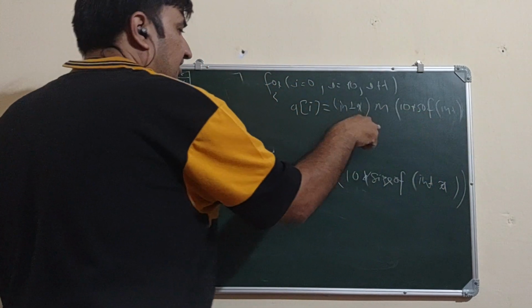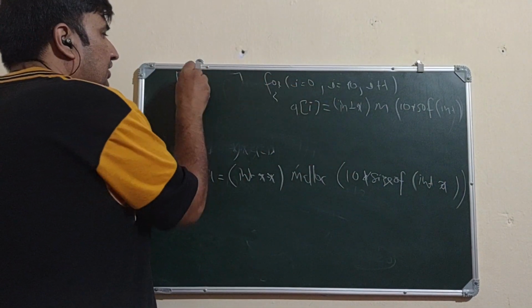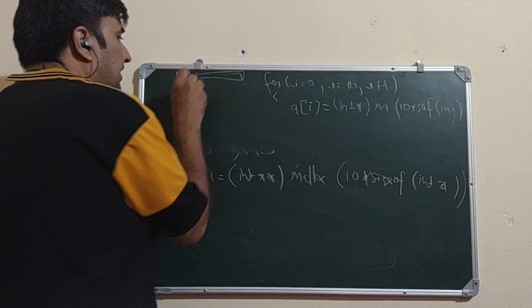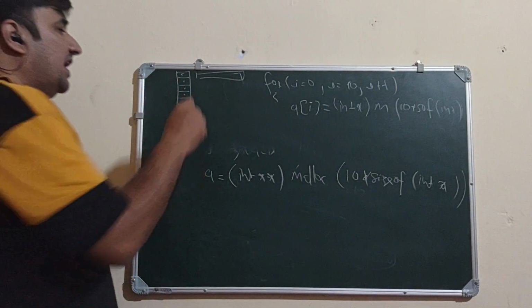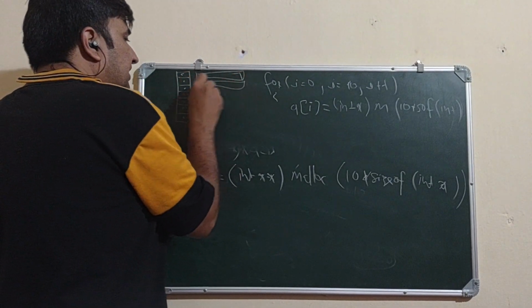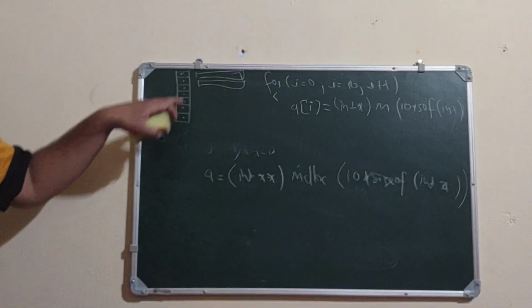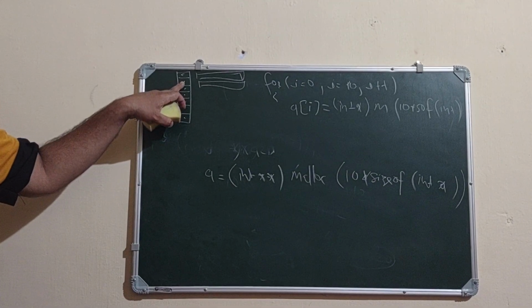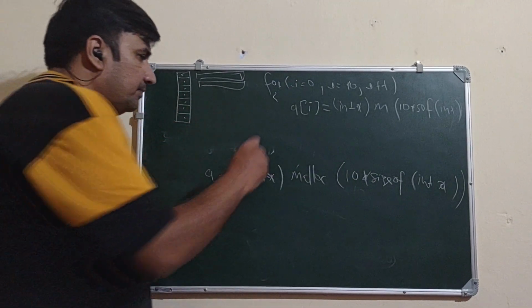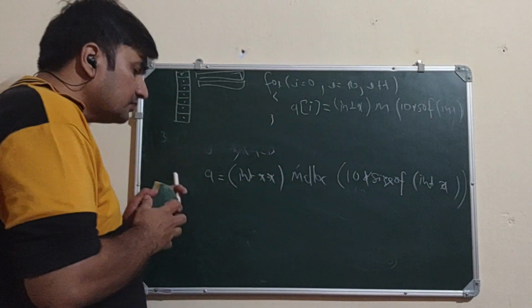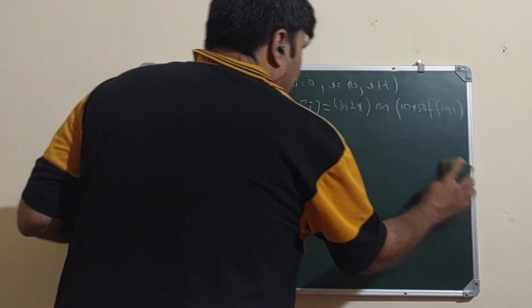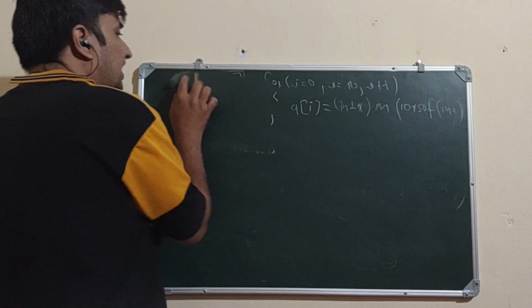So once I write this thing, when i equals 0, it will create an array of 10 for i0. When i becomes 1, it creates the array of 10 for i equals 1, and so on. So this is the way we are going to create a 2D array.